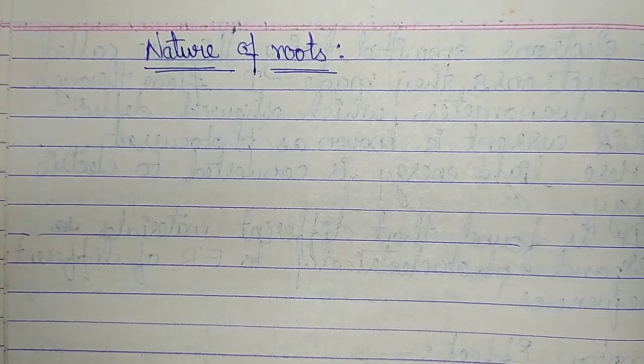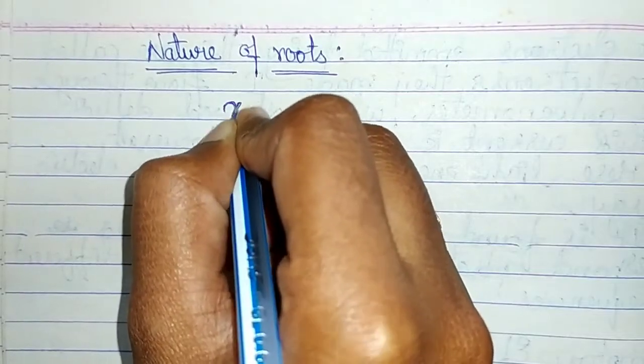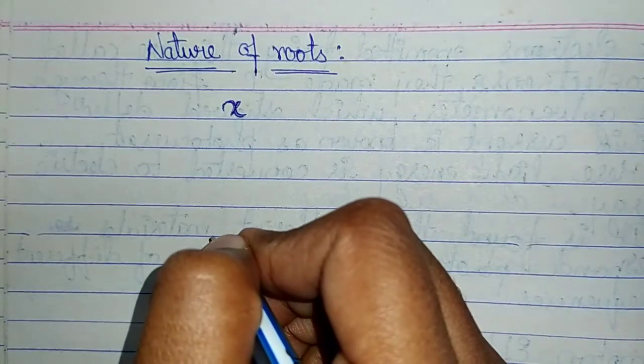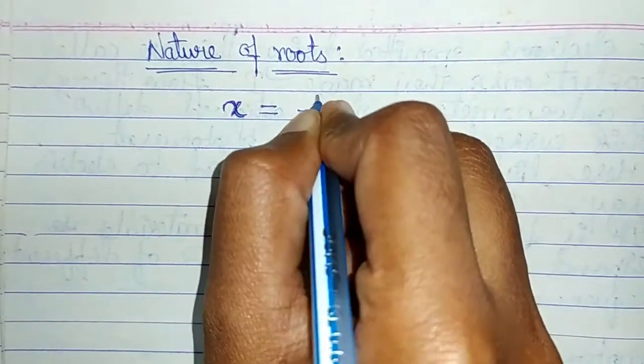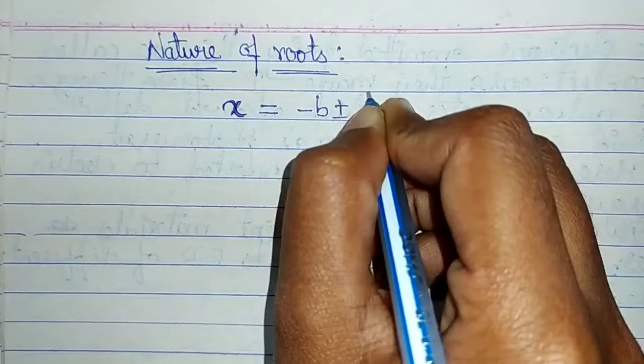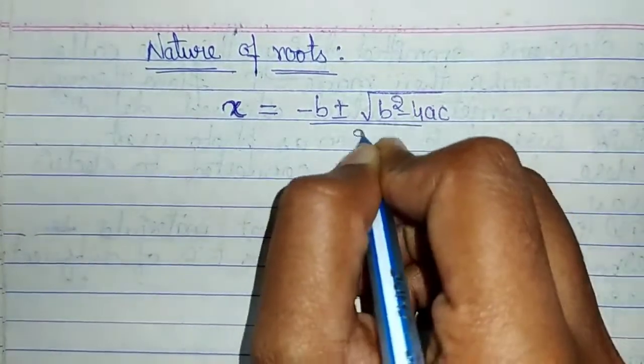In our previous section, we came across the quadratic formula, which we used to find the solutions for the equation, or the values of x. It was given by x is equal to minus b plus or minus under root b square minus 4ac by 2a.